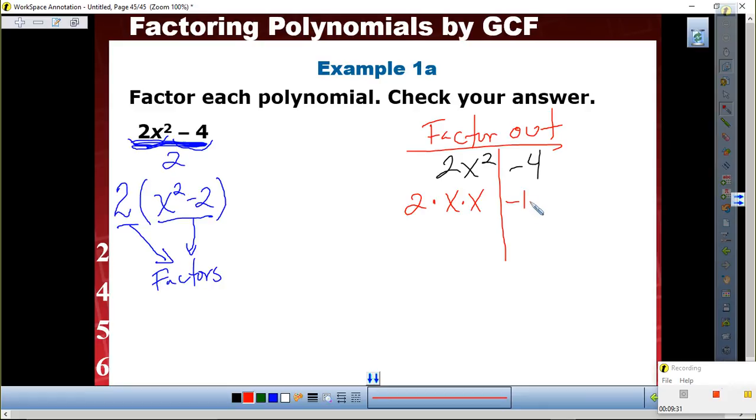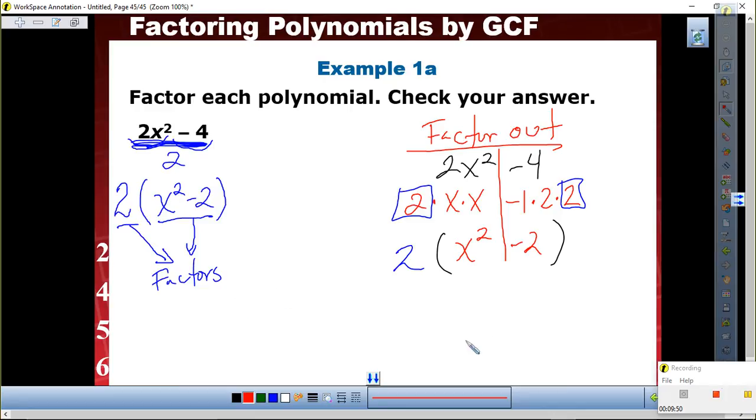This one is negative 1 times 2 times 2. What do both of these have in common? They have a 2. And that is my GCF. What's left over on the first term? X squared. How about on the second term? Negative 2. Copy that, please.